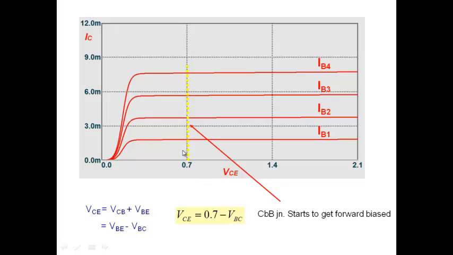The current remains constant. As you go to 0.5, the base collector voltage becomes 0.2. Now it's more forward biased. So eventually the base collector junction becomes sufficiently forward biased and the collector current begins to drop, and then eventually goes to 0 here. This point roughly, people usually take it as 0.2 or so.